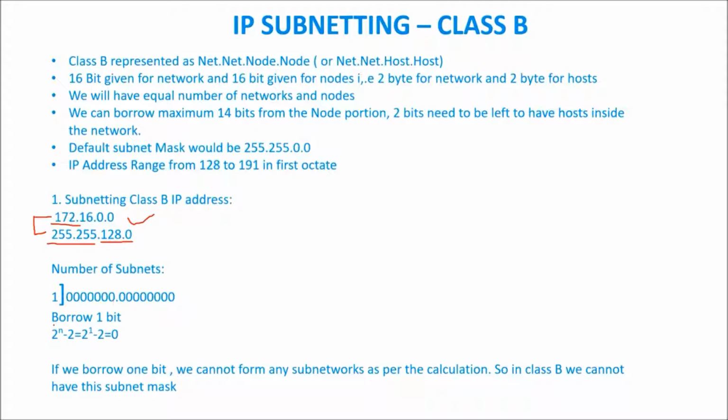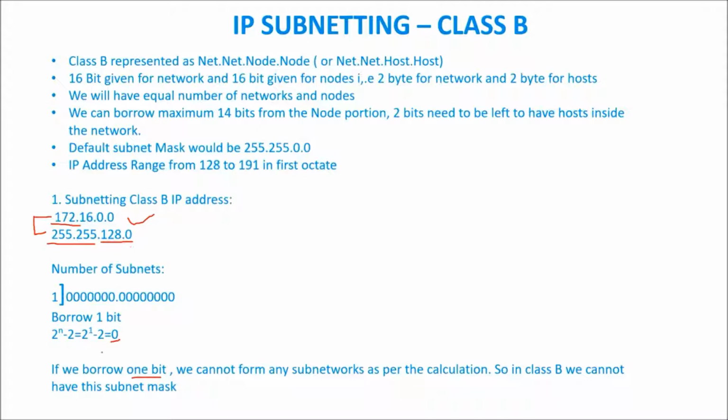Borrow 1 bit, 2 power n minus 2, so it is 0. If I'm borrowing 1 bit, then there is no host available, so we cannot do any kind of subnet calculation. So in class B, we cannot have this subnet mask. It is not possible to build the hosts.